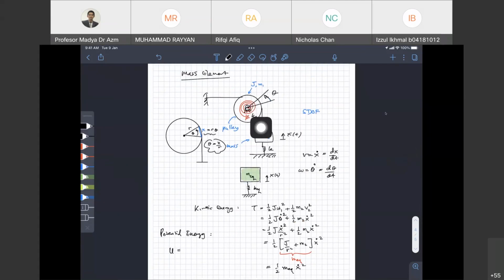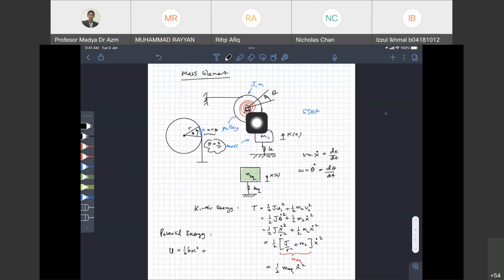We have the first component and the second component. So let's go first for the second component. The energy for this spring is a half, the stiffness constant is K, the displacement is x, so x squared. Okay, done with the first spring.